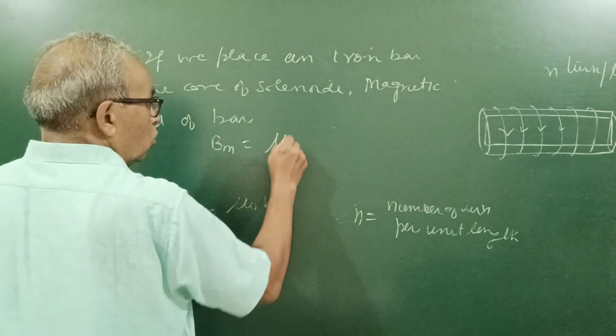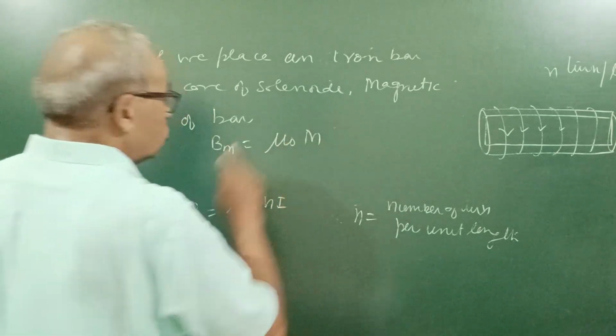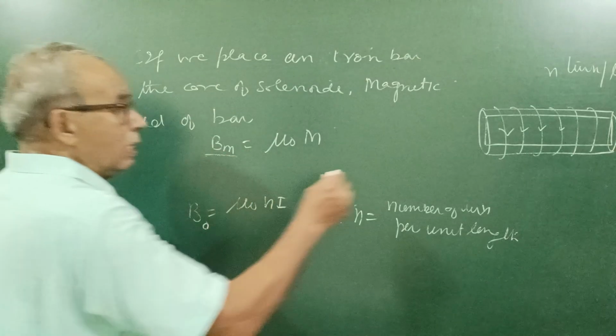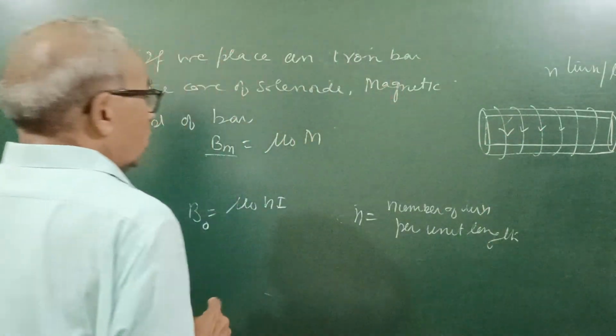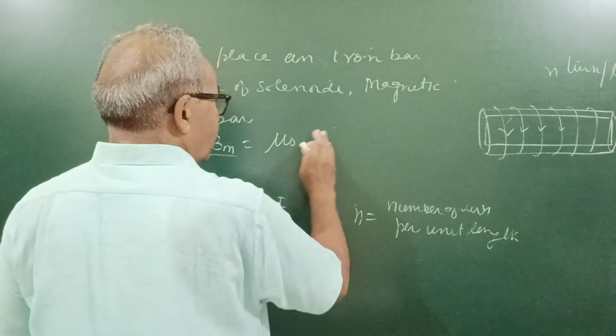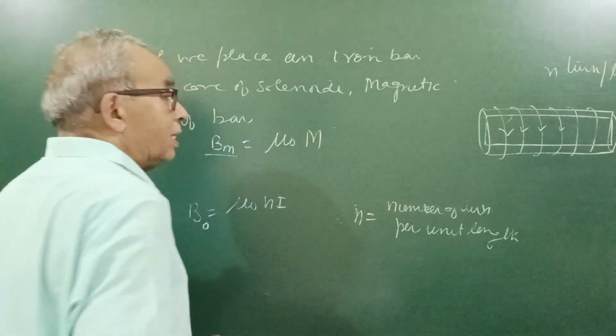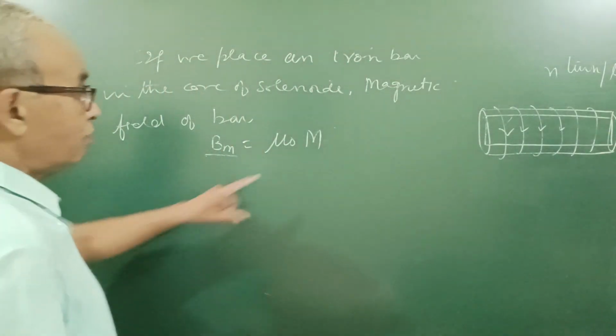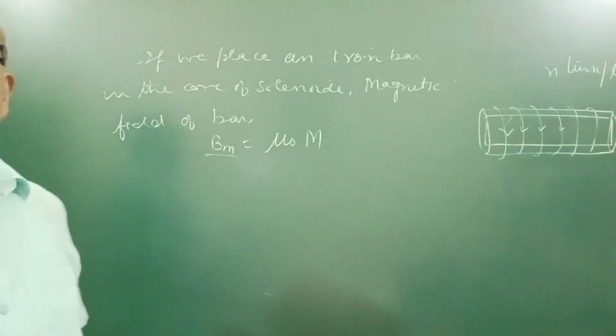BM will be mu 0 into M. M is the intensity of magnetization. BM is the magnitude of magnetic field inside the bar, and capital M, what is this? Intensity of magnetization M. M is the magnitude of intensity of magnetization.